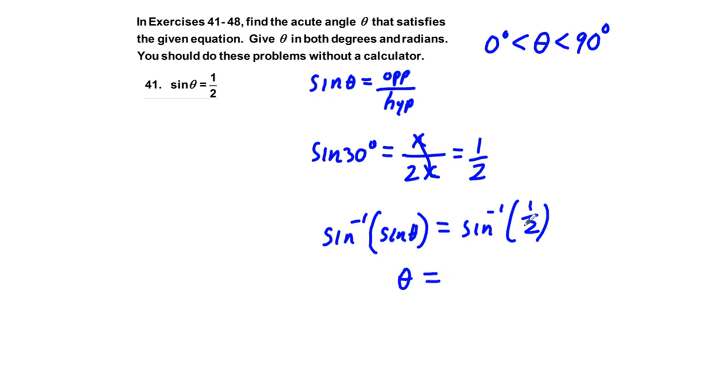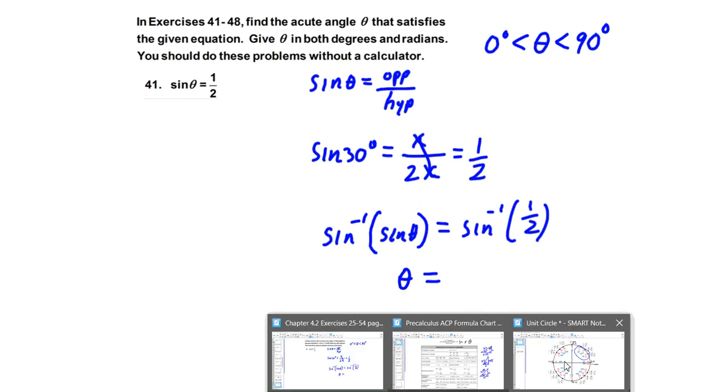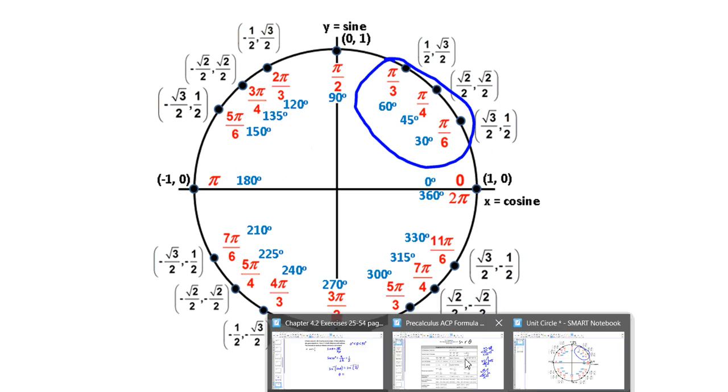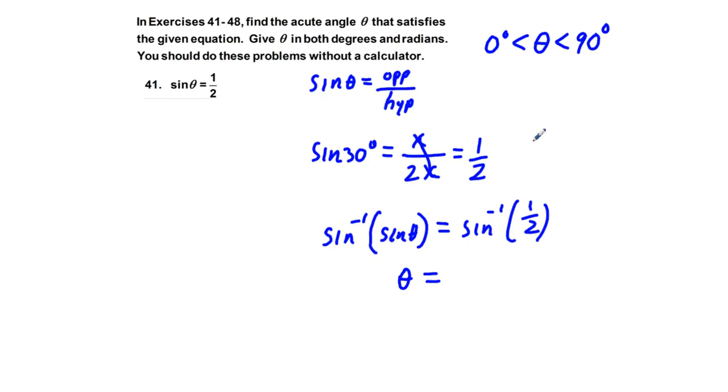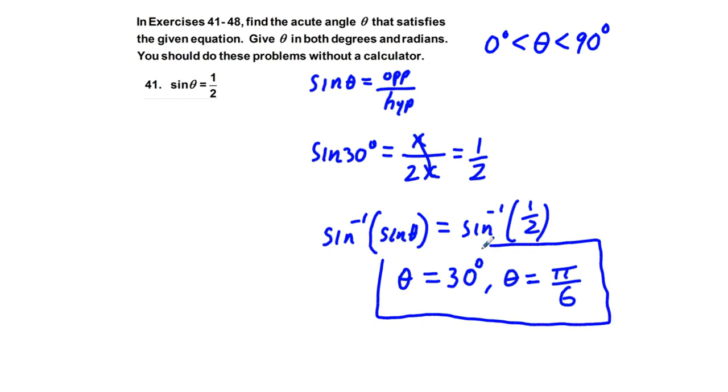We have theta equals the inverse sine of 1/2. What angle is going to give us the sine of 1/2? Well, it's going to be this one where we have our opposite over hypotenuse equal to 1/2. So we say theta equals 30 degrees, and also in radians, theta is equal to pi over 6. And those are angle measures in degrees and radians respectively.